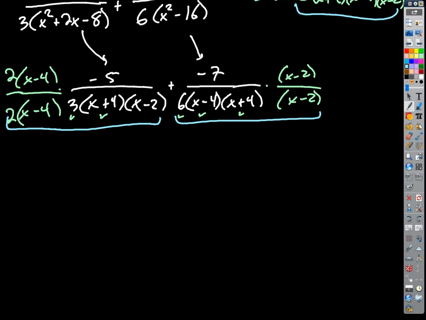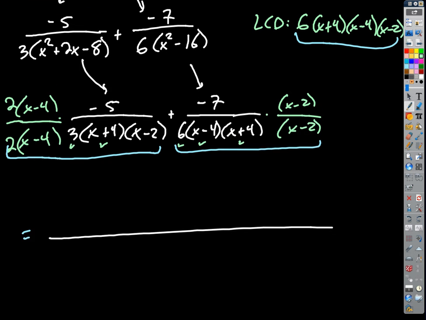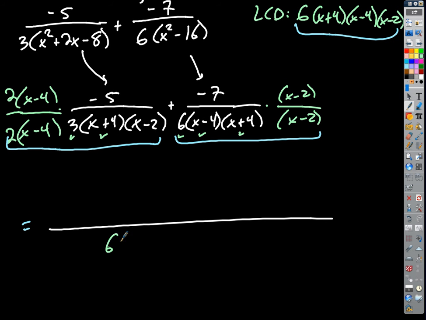So now all I gotta do when I add these up, I know I've got a common denominator. So I can write the whole thing over my common denominator, right? My common denominator in factored form is just that. So we get on the bottom, 6 times x plus 4 times x minus 4 times x minus 2, right?